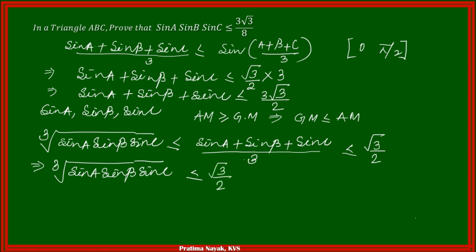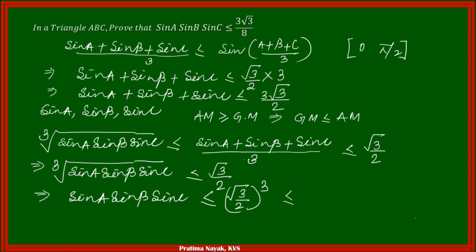Now take power 3 on both sides, so we get sine A sine B sine C is less than or equal to root 3 by 2 whole cube. That will be 3 root 3 over 8, because they are equal to each other. So hence the result is proved.